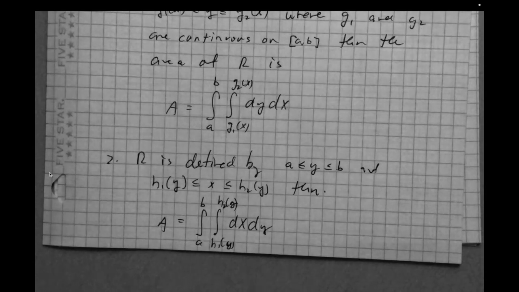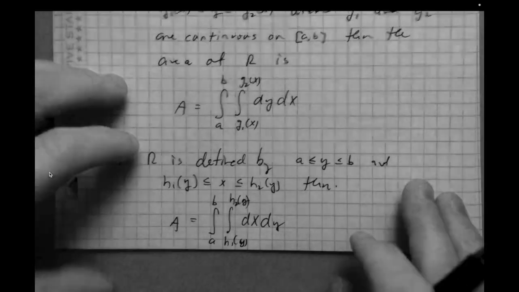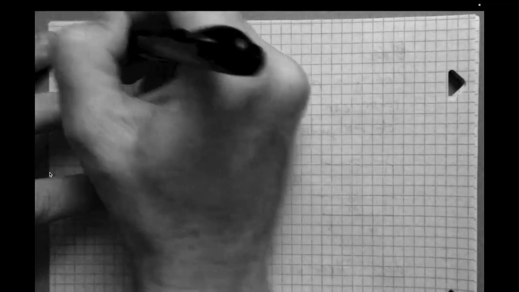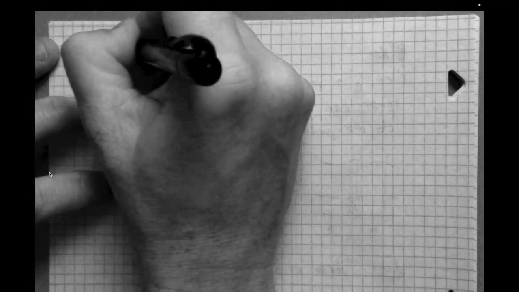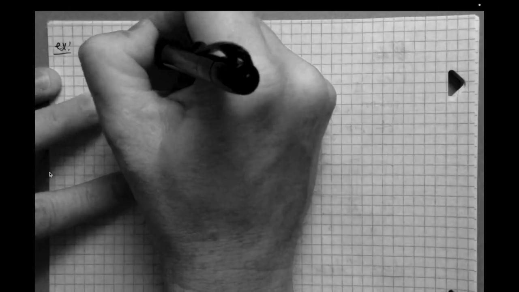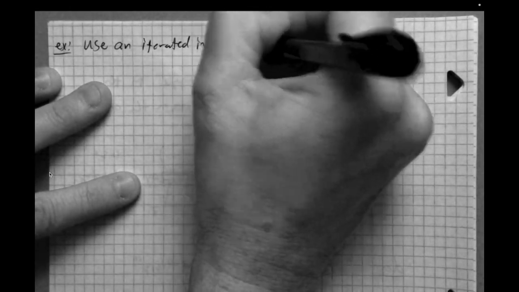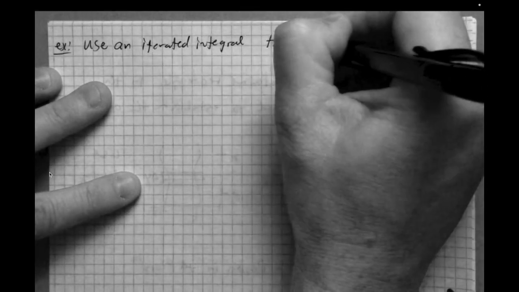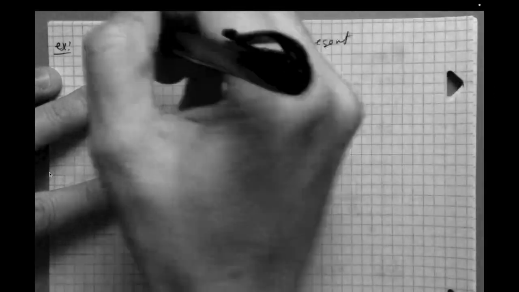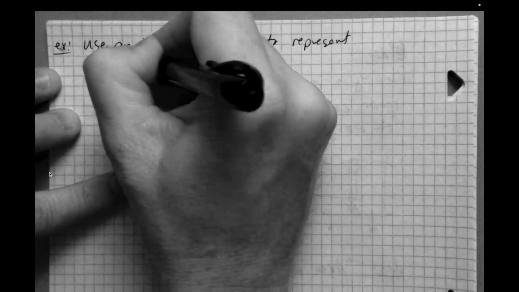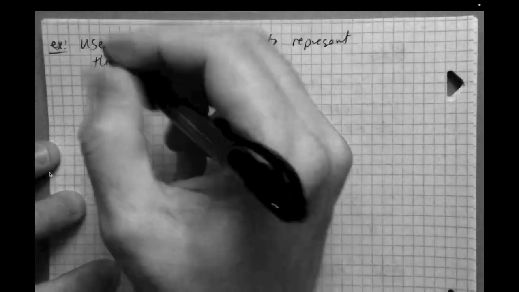We've already kind of said this, but now there's a little more rigor behind it. Let's do some concrete examples. So we want to use an iterated integral to represent the area of, and I'm going to draw a picture here.